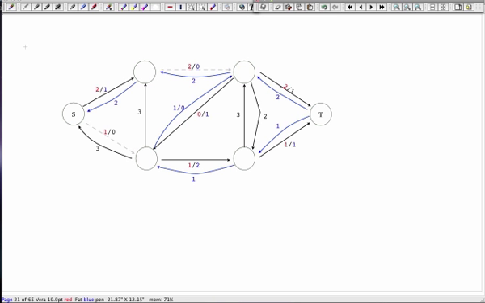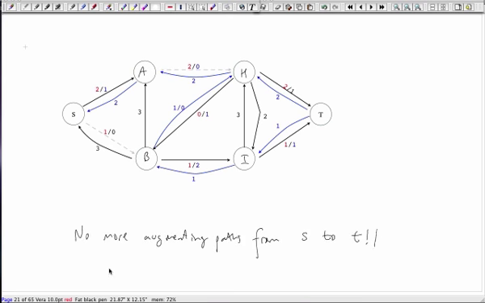Notice that there are no longer any paths from S to T. In fact, the only way you can go is from S to A. Once you get to A, you're stuck. You can go back to S, but that's not a flow. So at this point in this graph, there are no more augmenting paths, and that means that you're done.